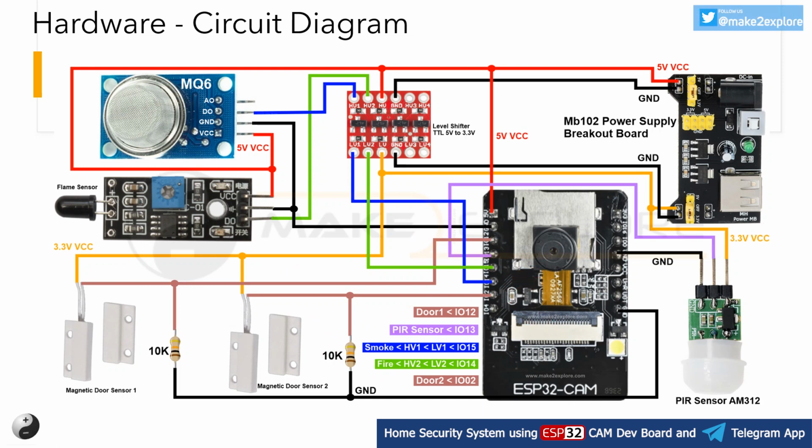If we connect these sensors directly to the ESP32 CAM, the board will not work properly or may get damaged. So to avoid this, we are going to use this logic level shifter, which brings down the 5 volt TTL from the MQ6 and flame sensors to 3.3 volt, which is compatible with the ESP32 CAM development board's pins. So this is the use of this logic level shifter module.